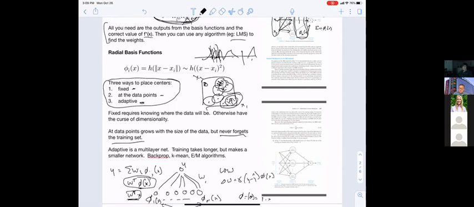There's a number of different ways to do that. If you have x coming in, in this case I'm drawing a two-dimensional x. I've got a bunch of basis functions up here, and I've got some output there. I could choose the locations of these basis functions, phi, based on the actual target function, f star of x, that I'm trying to accomplish, right? And one way to do that would be, you could use backprop.